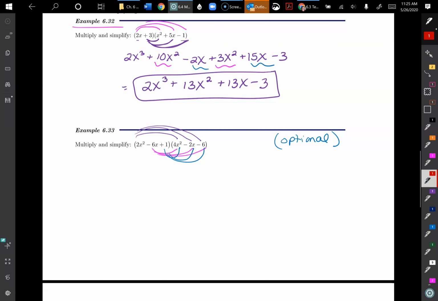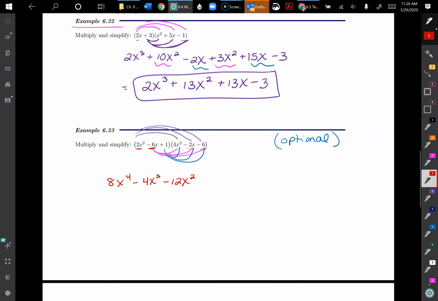Okay, so I'm going to do it relatively quickly. So we have 2x squared times 4x squared is 8x to the 4th. Then we have 2x squared times negative 2x is going to be minus 4x cubed. Then we have the 2x squared times minus 6 will be minus 12x squared. Now I'm looking at this middle one.